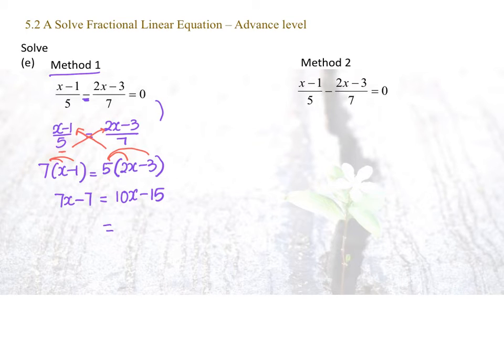I'll get 10x over here, and I have 7 to migrate over, so it becomes minus 7. On the left hand side, negative 7 is the original citizen. Now negative 15 from the right hand side migrates over, and it becomes plus 15. And simplifying, we'll be able to get our answer.